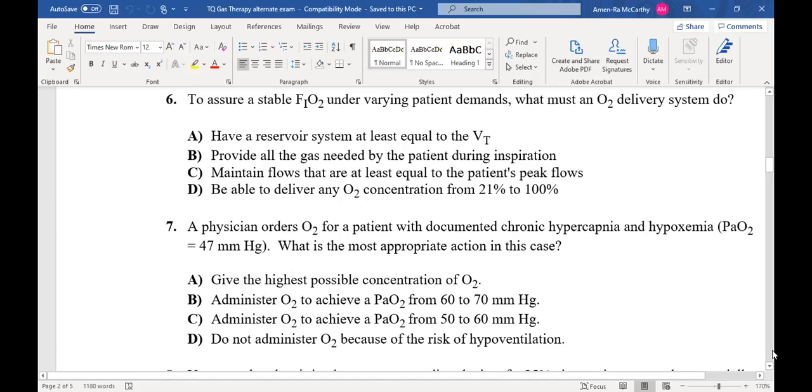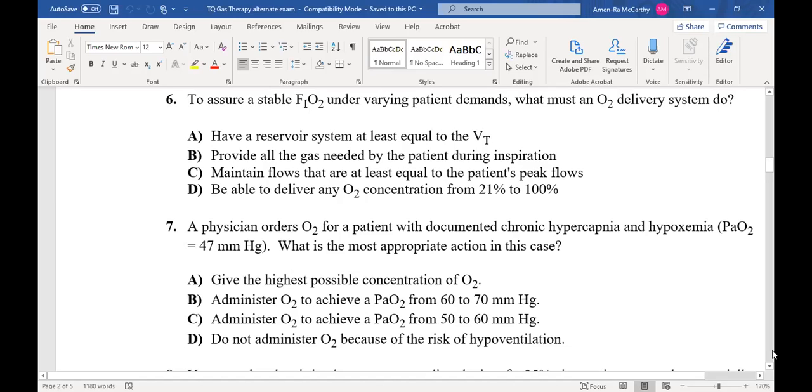Okay, Ms. Cummings. Number 7, a physician orders oxygen for a patient with documented hypercapnia and hypoxemia. What is the most appropriate action in this case? I think it's B. Administer O2 to achieve a PaO2 of 60 to 70 millimeters of mercury. 50 to 60 is kind of too low, okay?